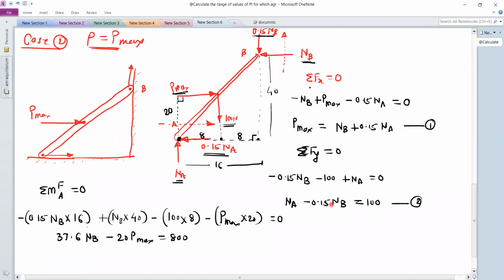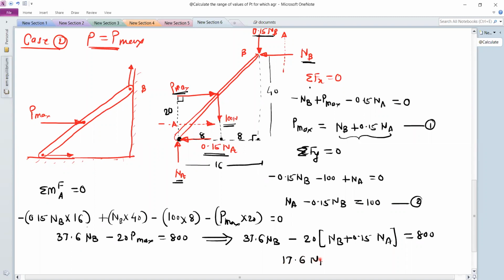Now put the value of P max, which is NB plus 0.15 NA, in this equation. So we can write 37.6 NB minus 20 into NB plus 0.15 NA, equal to 800. From this you will get 17.6 NB minus 3 NA equal to 800. So this is your third equation.